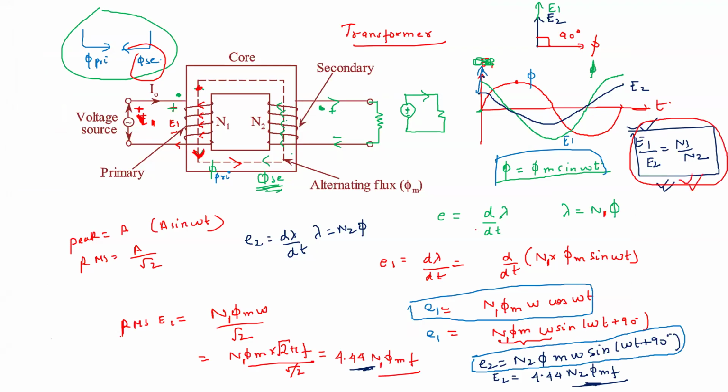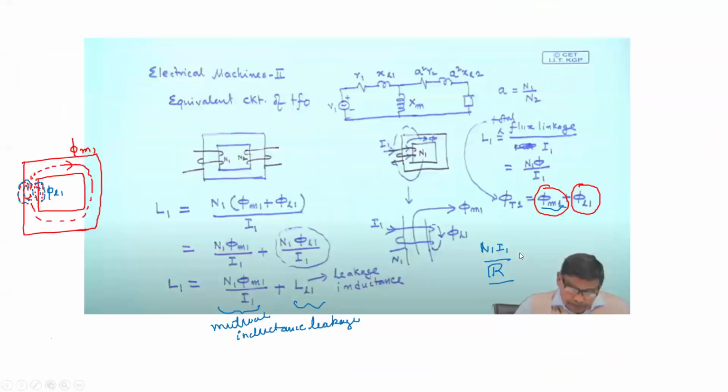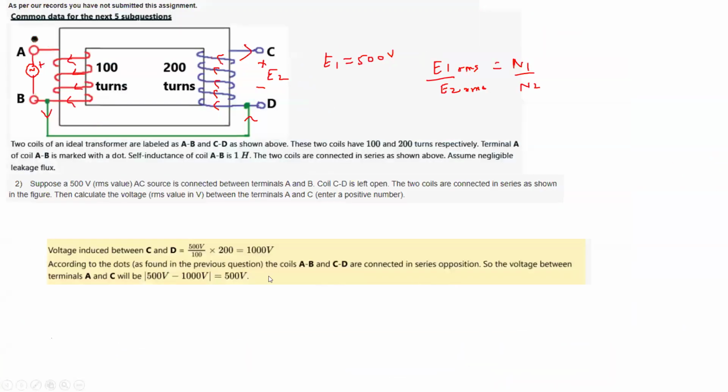So E1 is 500 and E2 is ECD basically. N1 is 100 and N2 is 200. So E2 becomes 1000 volt, right?